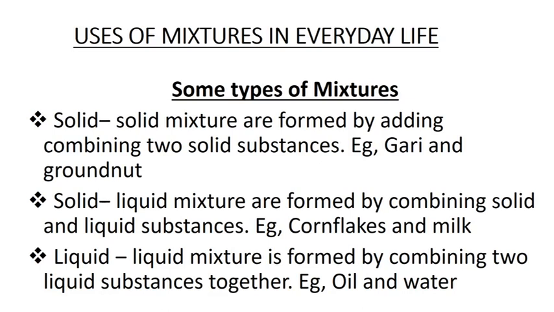Example, oil and water. We have other mixtures, but the syllabus limits us to these three basic mixtures. As you advance, you will meet other mixtures as well, like gas and other types.